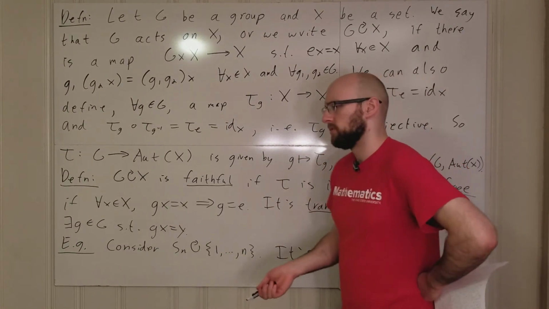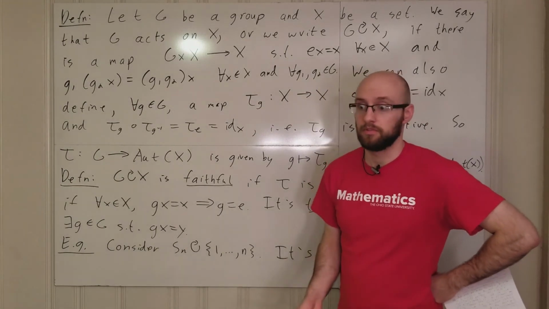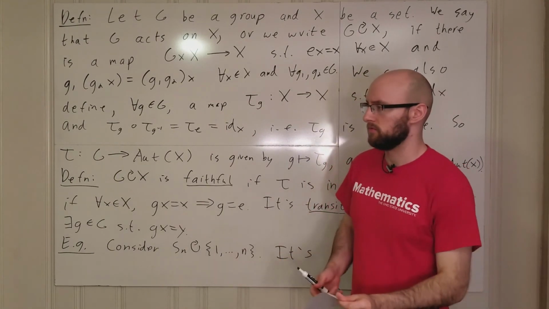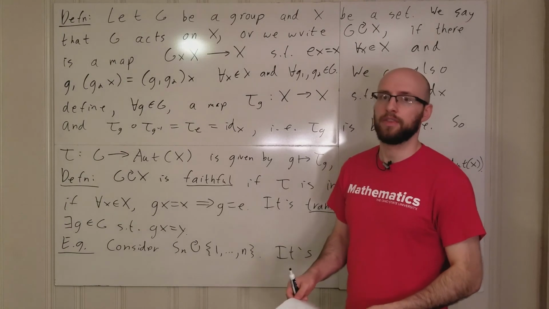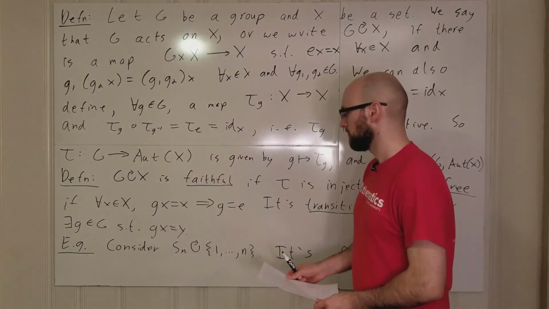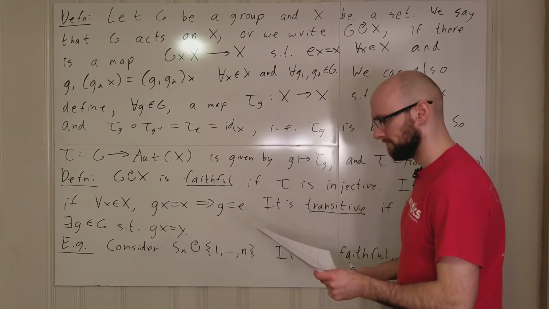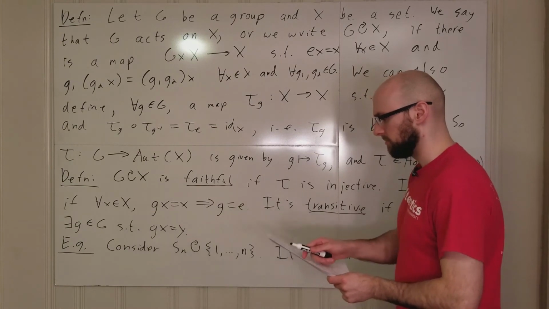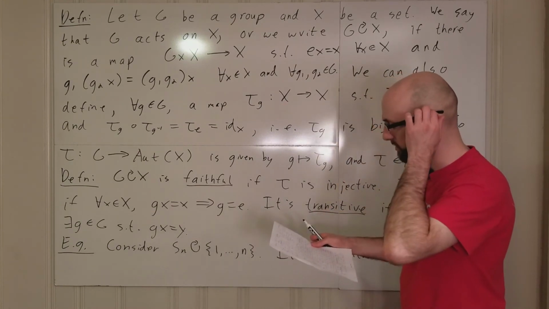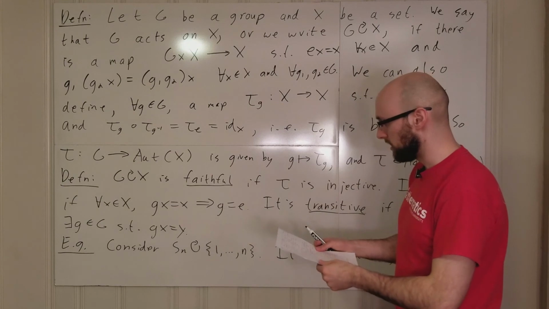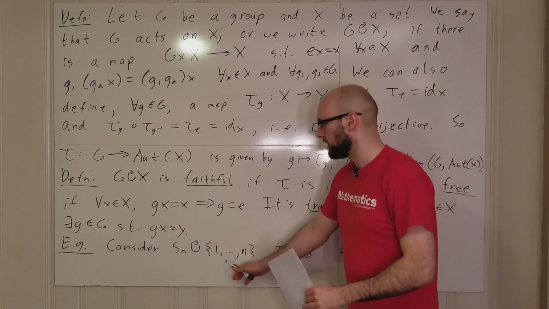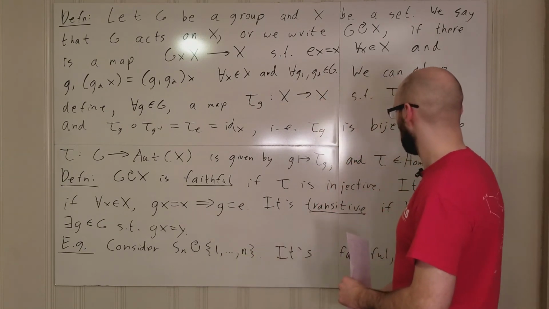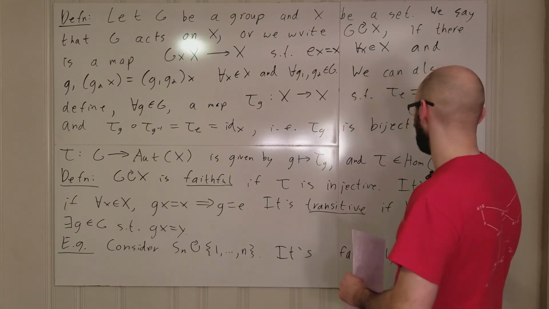Unless I'm making some dumb mistake, which is entirely possible, and please inform me somehow if that is the case. I must have written something down wrong here. But when n equals 2, I think this is still free.